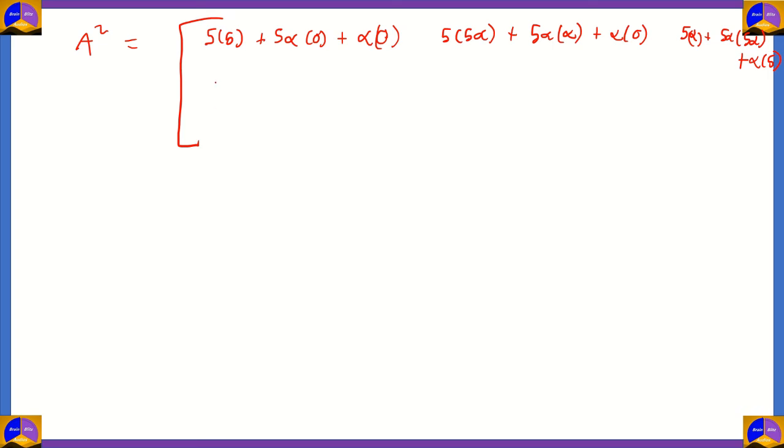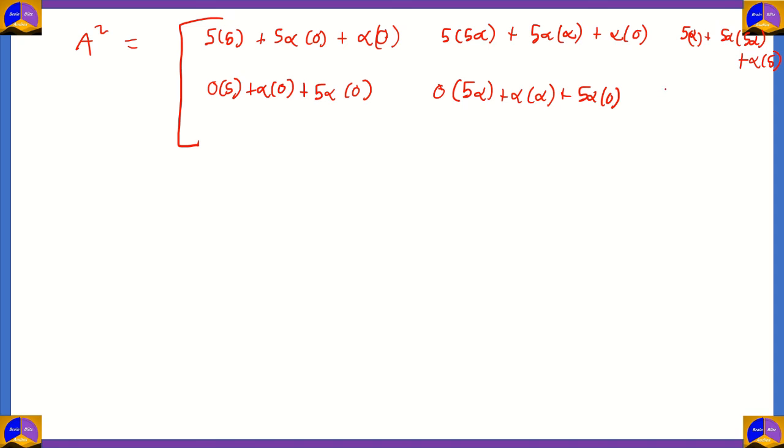Next, over here we have 0 times 5 plus alpha times 0 plus 5 alpha times 0. And then in the second term, this is just multiplication of one row with one column. So 0 times 5 alpha plus alpha times alpha plus 5 alpha times 0.